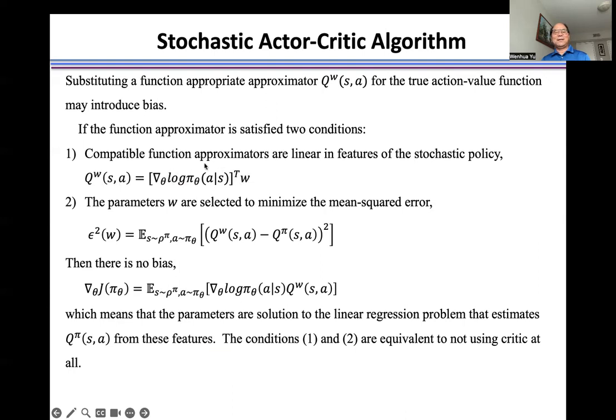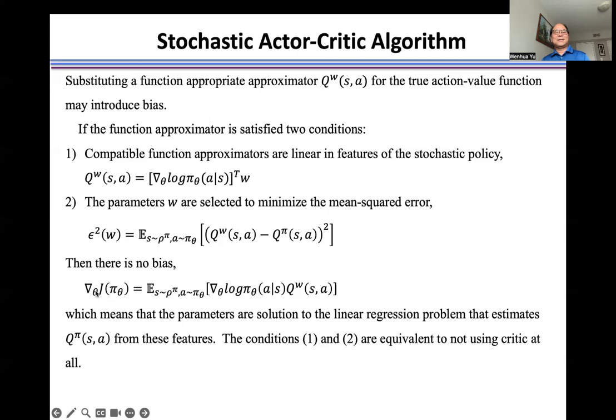This is the feature vector of the w, which means this is a linear relationship with w. Second, w should be selected to minimize the mean squared error. That means this approximator is closer to the true value on the state distribution and the policy distribution.